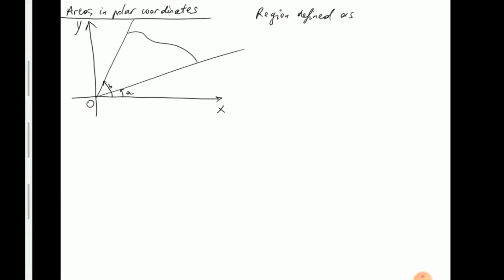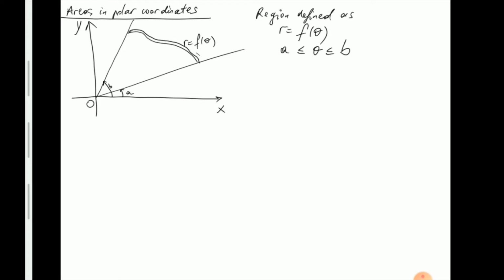First of all, one boundary, this curve here between this angle, given in polar coordinates as a function of theta. So again, this portion of the region here, and then bounded by A and B for the theta, for the domain, for the polar angle.